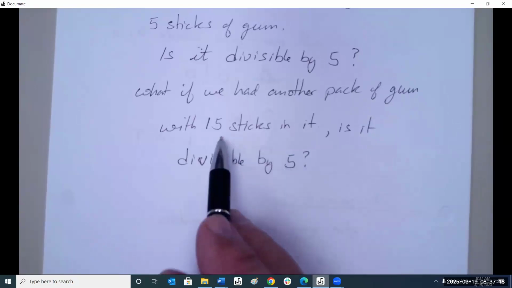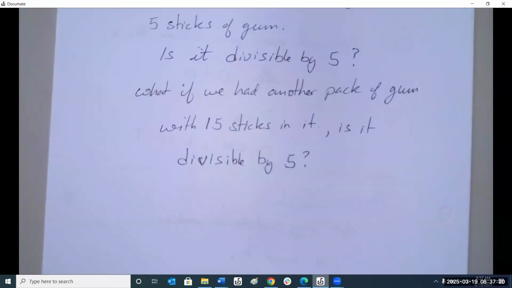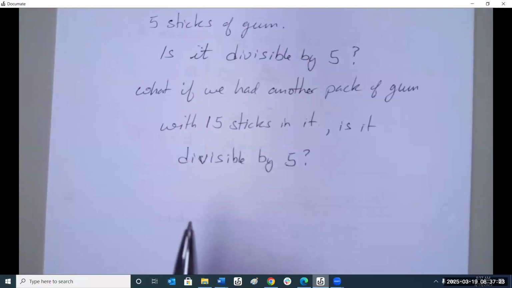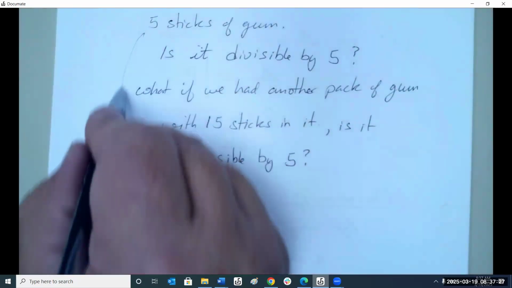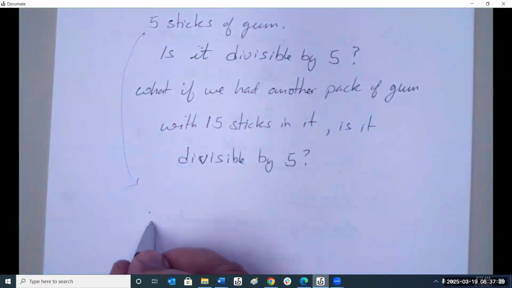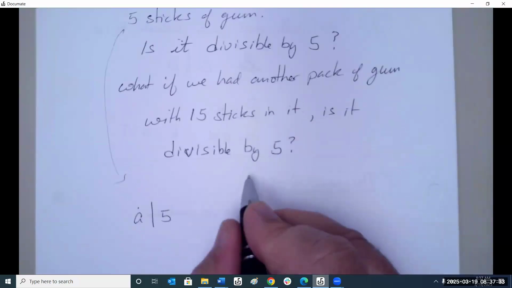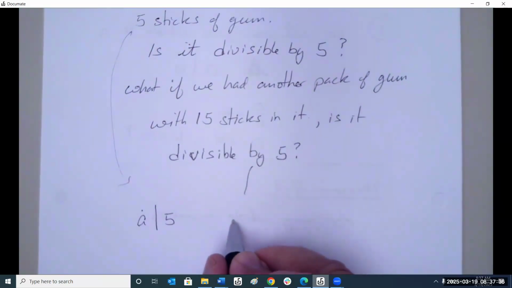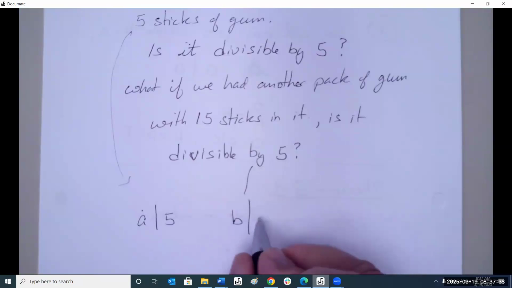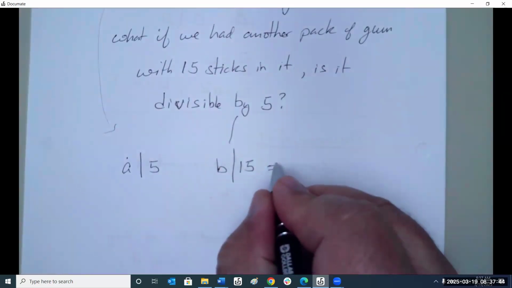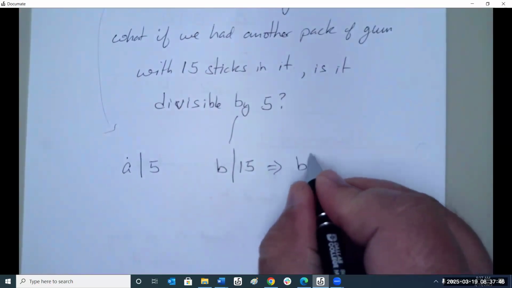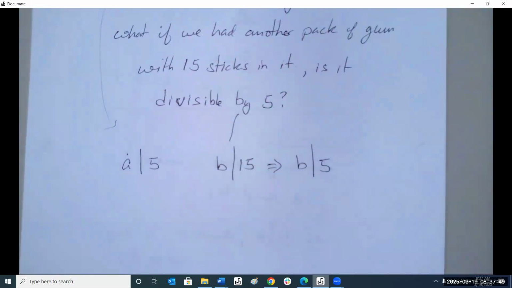Yeah, because 5 goes into 15 3 times. So what we can say here is if the first one is divisible by 5, and the second one is divisible by 5, then we can also say that the sum is divisible by 5.